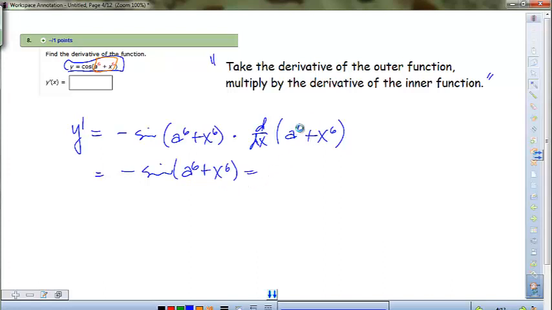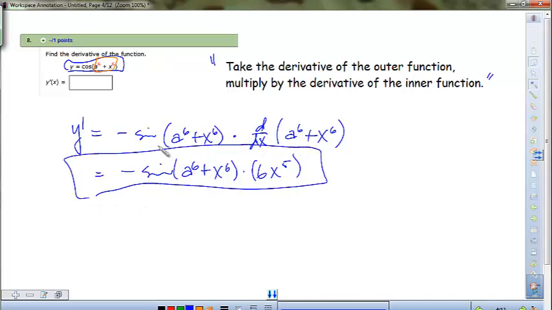And so the derivative of a to the 6, since a is a constant, any number raised to any power is still going to be constant, so the derivative of that is 0. And the derivative of x to the 6 is 6x to the 5th. So just tack that on as a product when you're multiplying, and then you are done.